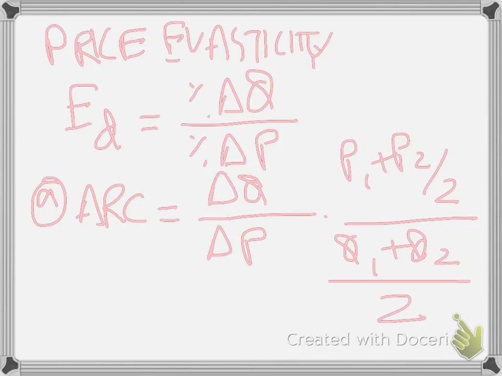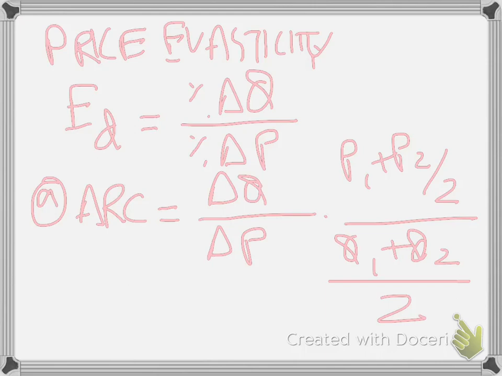Let us try to understand the second term. The numerator of the second term is like an average price, a weighted average of the original price and the new price. P1 is the old price, P2 is the new price after the price change. Similarly, Q1 is the original quantity and Q2 is the changed quantity after the price change, and this is how we are going to calculate the arc price elasticity.